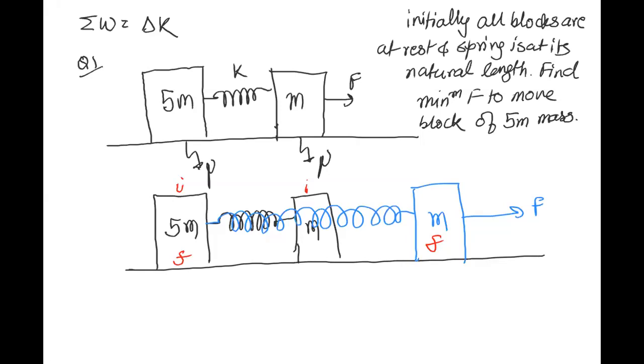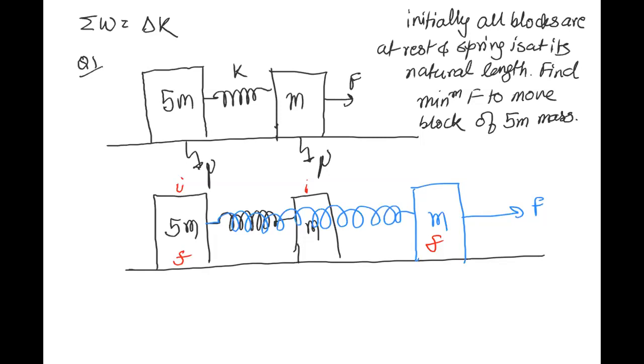In the final configuration, why has the 5m block not moved? Because the condition given, yes, because the words that I have used are that it is just about to move, just about to move, yes.